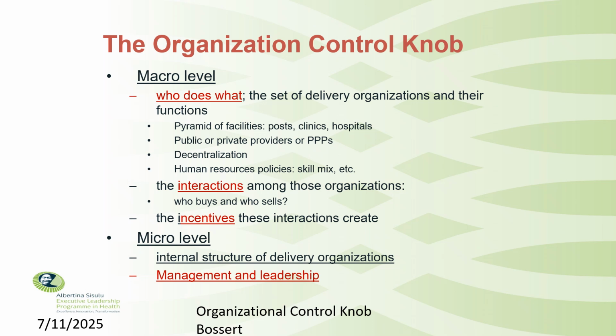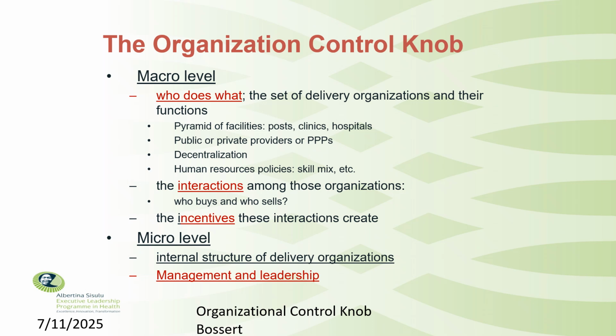If we look at the organizational control knob, we're going to be looking at it from two different levels. The macro level, which is the bigger picture, broader perspective, and then the micro level. When we talk about the macro level, we're talking about who does what. What are the different delivery organizations in our health system?